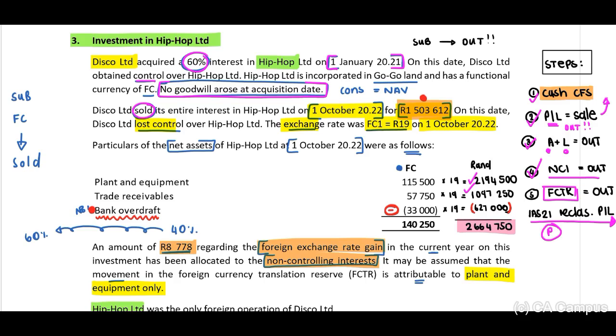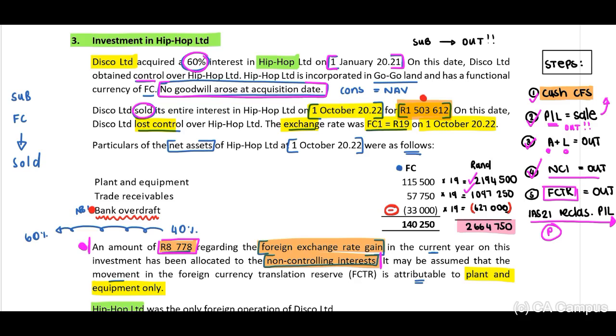Right. Now, if we look at the next sentence, they indicate to us an amount of 8778 regarding the foreign exchange rate gain in the current year on this investment has been allocated to the NCI. Okay, right. Now, first, let's have a look there. Have been allocated to our NCI.